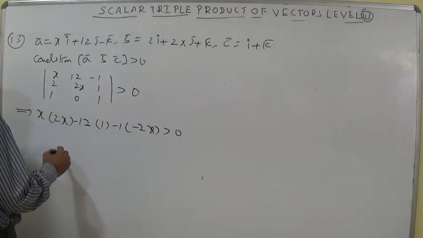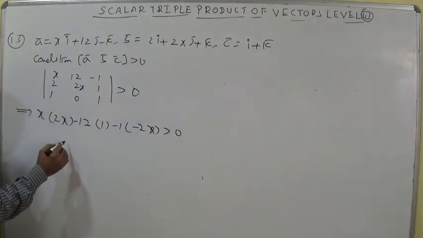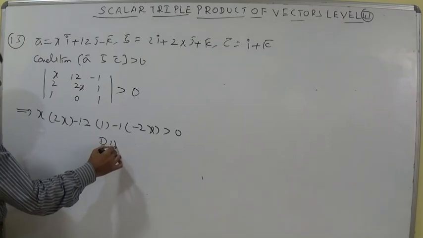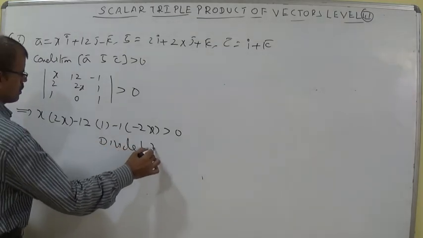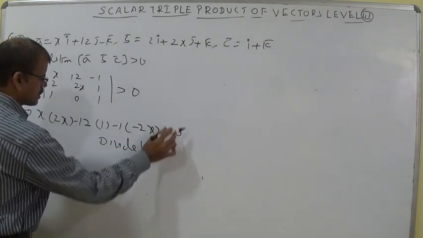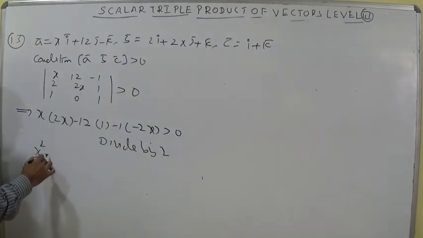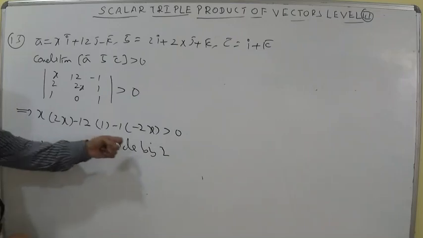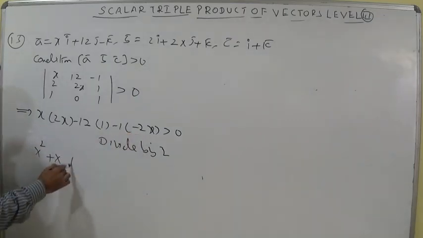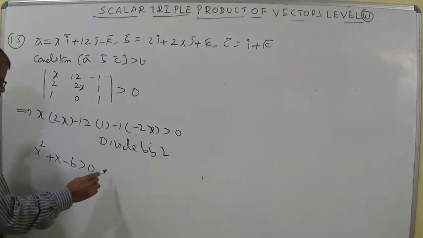Divide by 2, taking 2 common. It becomes x square plus x minus 6 greater than 0.